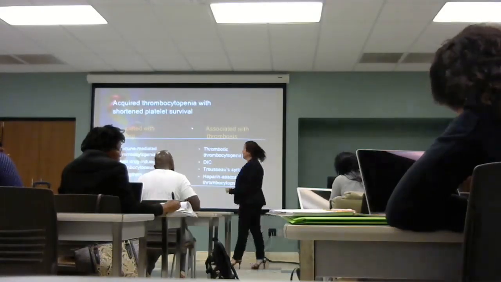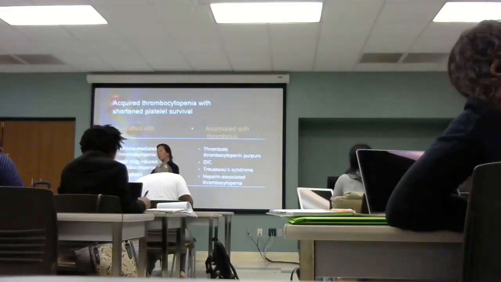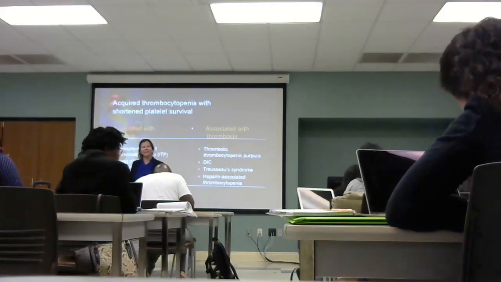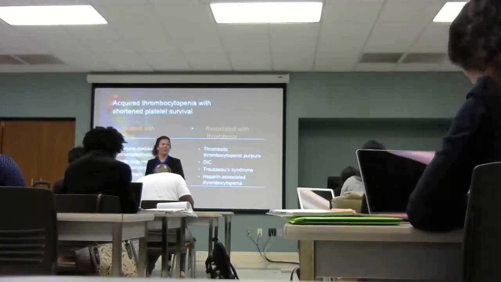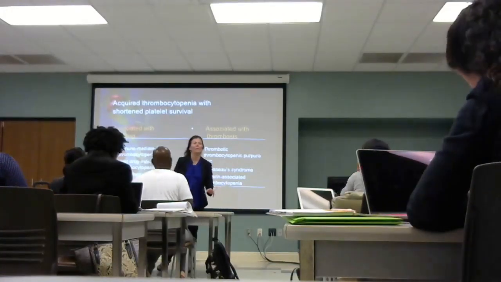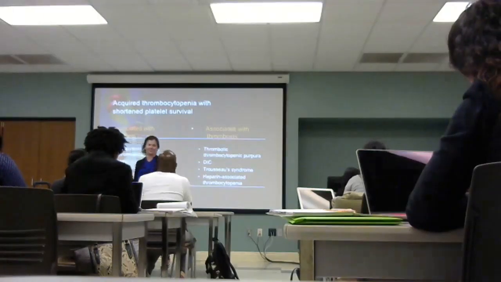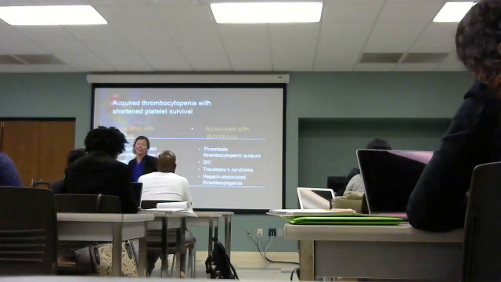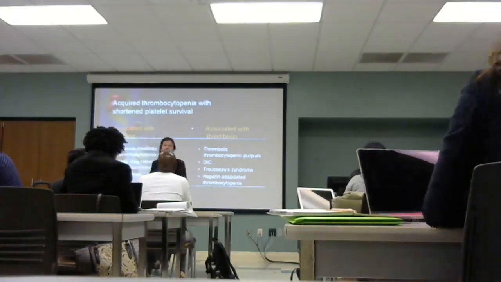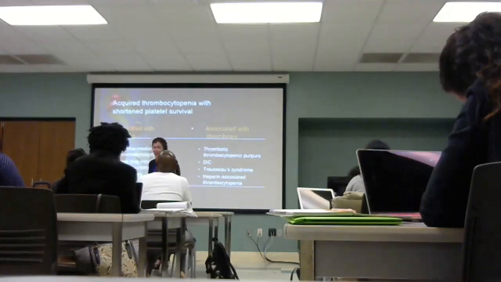Okay? Why? Because in idiopathic thrombocytopenic purpura, what the immune system will start attacking is not the platelet by itself, it will be the von Willebrand factor or the glycoprotein 2B3A. So those are the factors that allow platelets to aggregate. Okay? The platelets are not deficient in this patient.